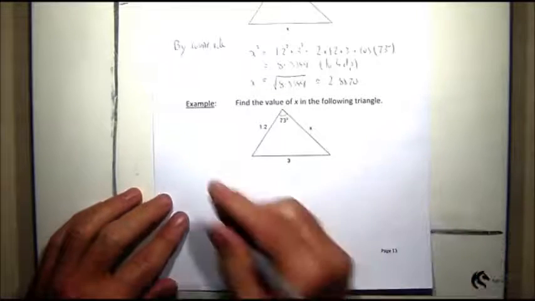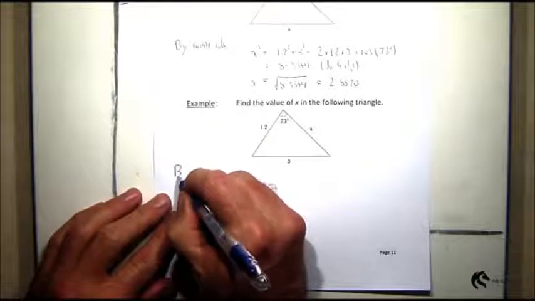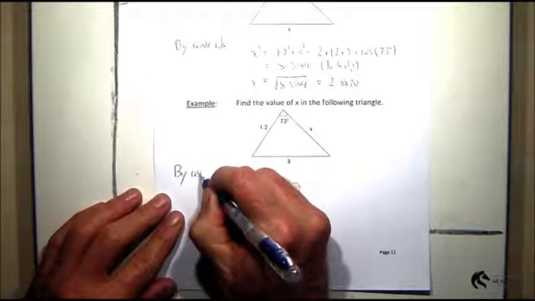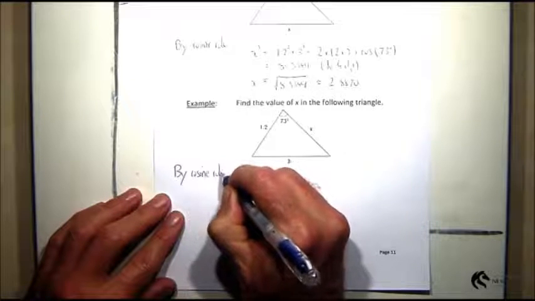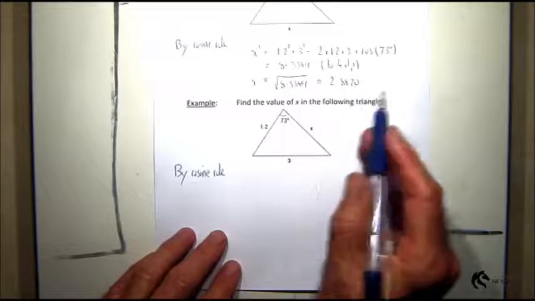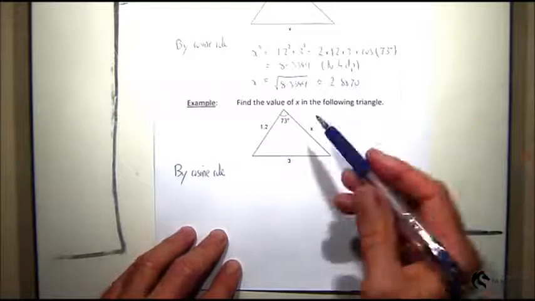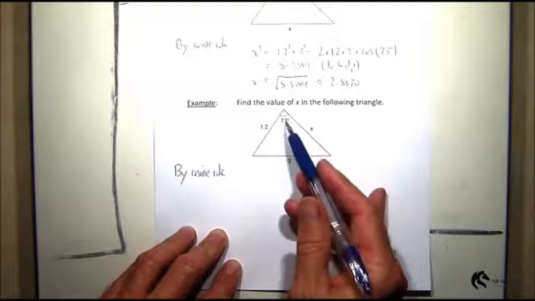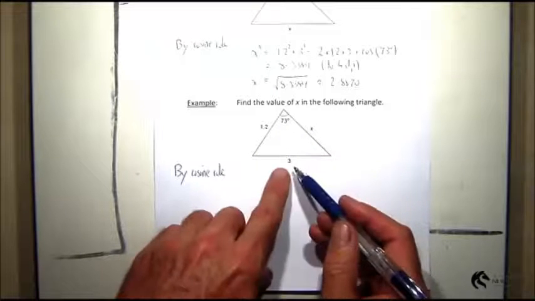So let's use the cosine rule. So by the cosine rule, and as I say, this may or may not be the best way to do this one, but we can do it using this cosine rule. The cosine rule refers to two sides and then the included angle. And so in this case, my a here is 3.